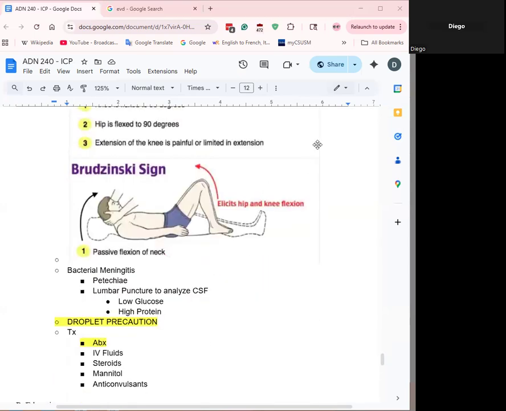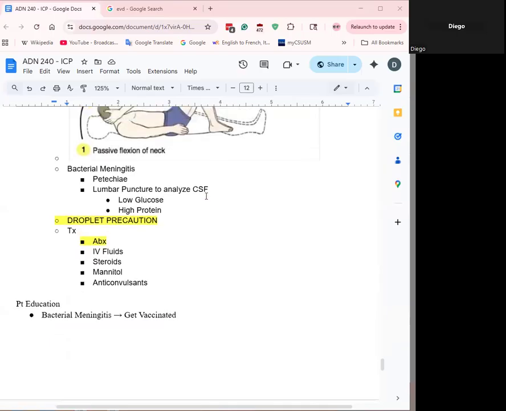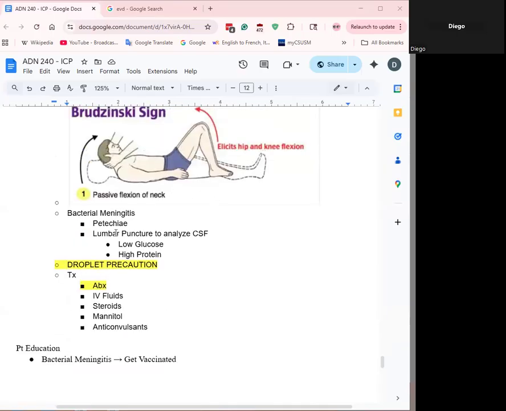This might be more relevant for a Kaplan on this topic, but regardless, one of the things for bacterial meningitis is a lumbar puncture in order to analyze the cerebrospinal fluid.